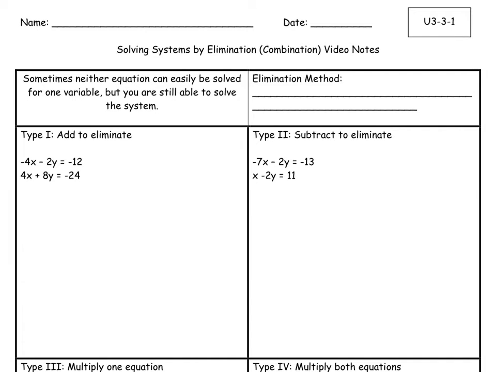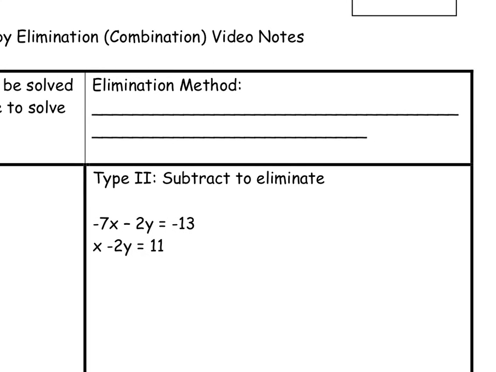Sometimes neither equation can be easily solved for one variable, but you're still able to solve the system. So we're going to take a look at the elimination method. The elimination method is where we add or subtract equations to eliminate one variable.